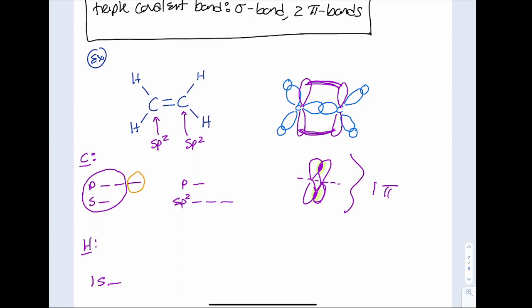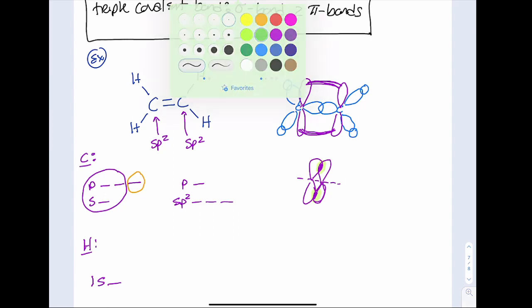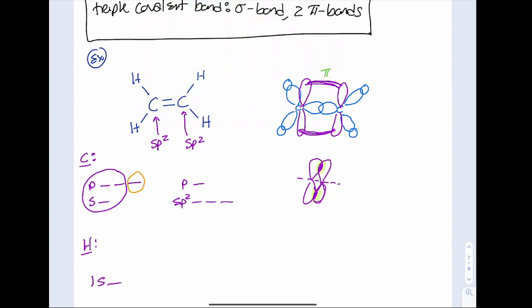So if I was to label my structure, I just want to get some of this out of the way. We'll keep this here. So this would be a pi bond. Don't do this because now I've labeled 2 pi bonds and it really has 1. So either the top pi or the bottom pi, but it's the same bond.